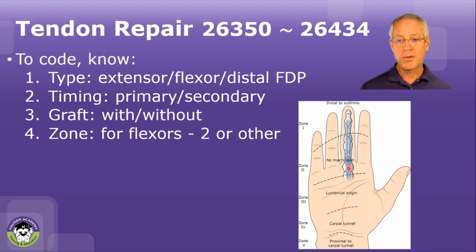In this area, both flexor tendons pass through the flexor tendon sheath. Therefore, it's critically important that the repair be very precise and free from scarring and adhesions because of that tight fit in there. So because that surgery is much harder, consequently there is a specialized CPT code for it.